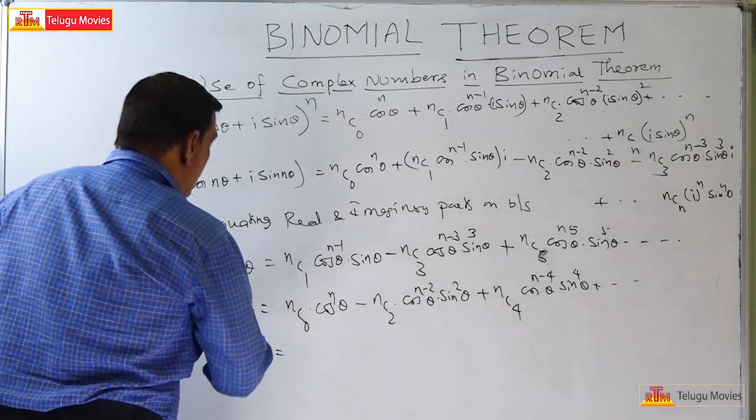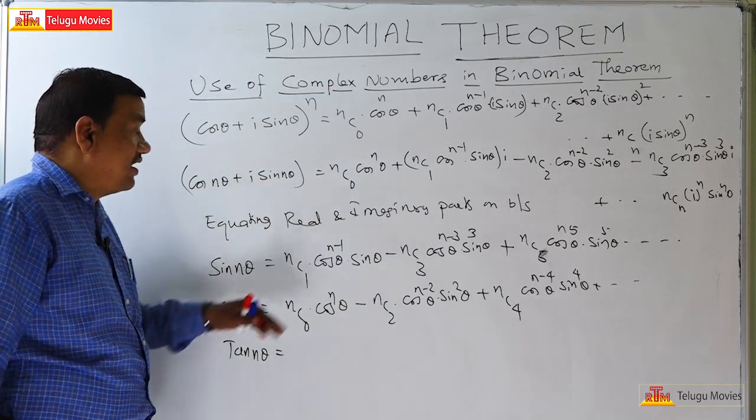Now you will get tan n theta. Tan n theta is equal to sin n theta by cos n theta.